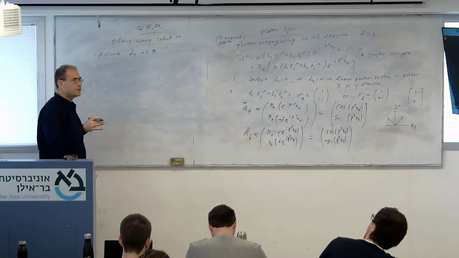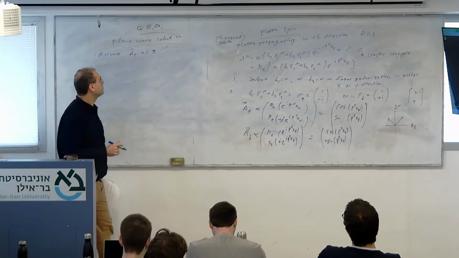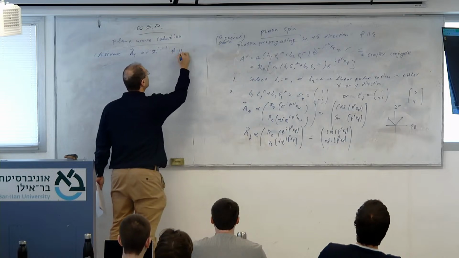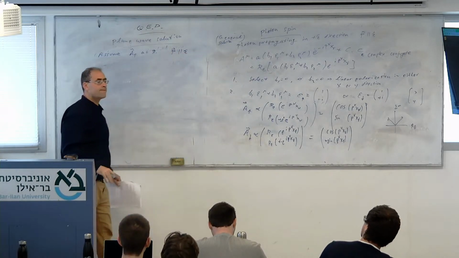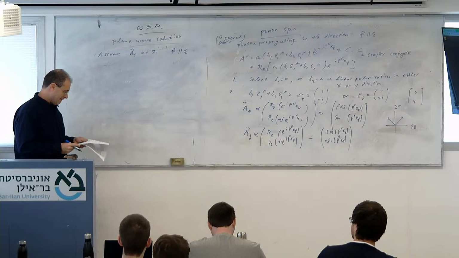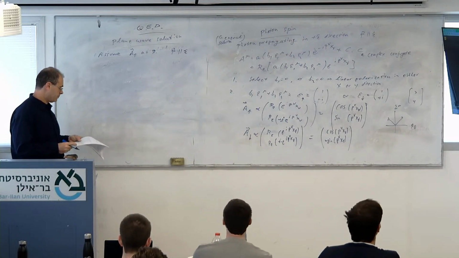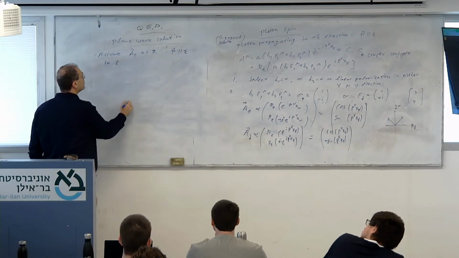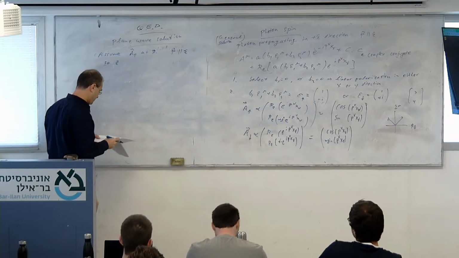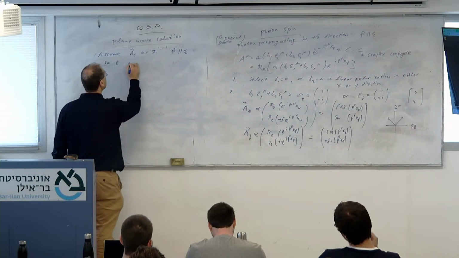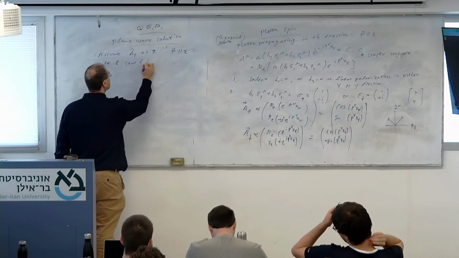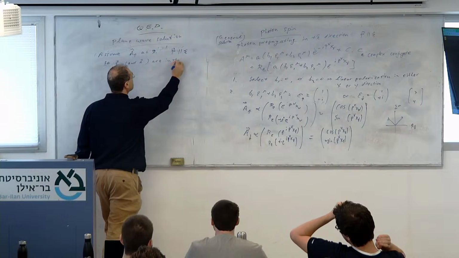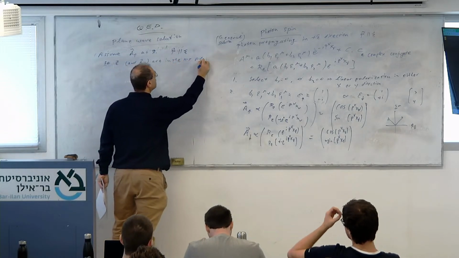Again, without loss of generality, the photon propagates in the z direction, so epsilon and also A are perpendicular to z, which means they are in the xy plane.